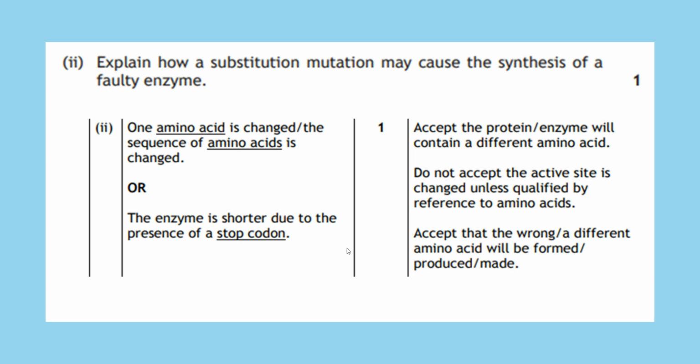Alternatively, you could say the enzyme is shorter due to the presence of a stop codon. It didn't specify whether it was a missense or nonsense, so either of those options were okay to go with. So either one amino acid was changed or a stop codon was inserted earlier, with the underlying words there being important ones that you needed to include.